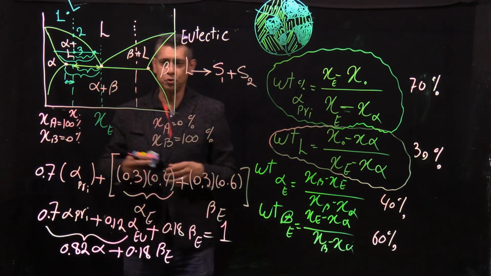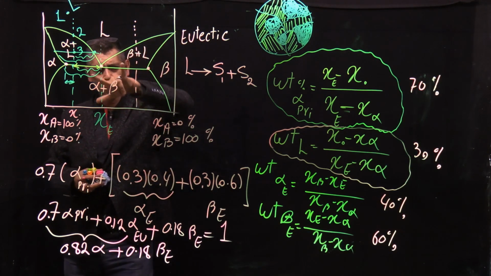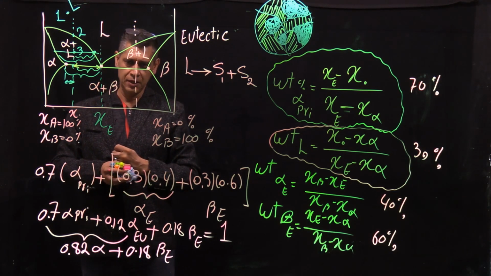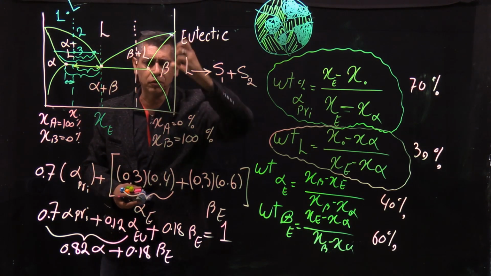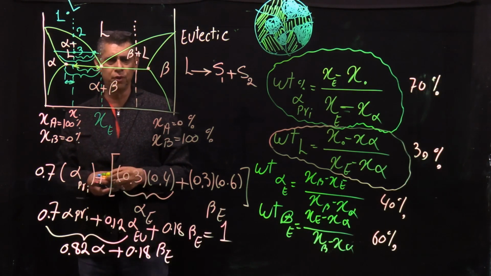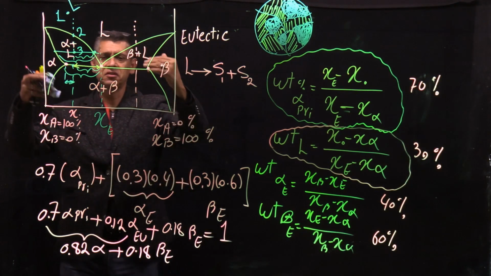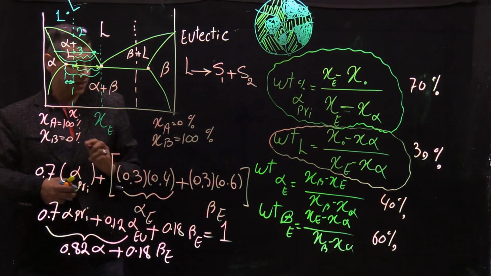So no matter how you do it, you might ask, oh, wait a minute, how do I calculate, without going through this, if I want to get the total amount of alpha below the eutectic, how do I do it? Then you write the inverse lever law below the eutectic. And the calculation is, again, very easy.